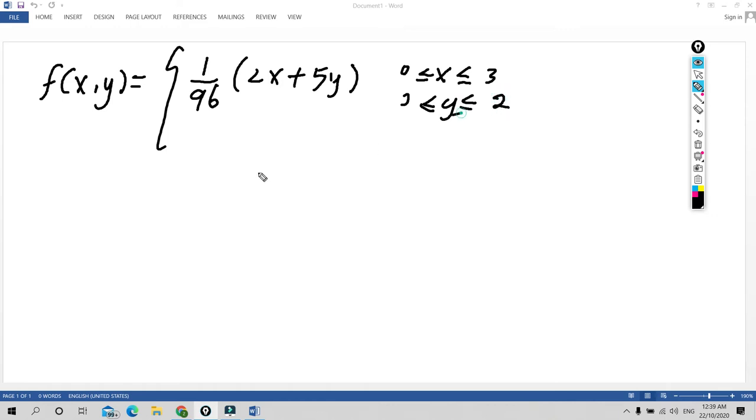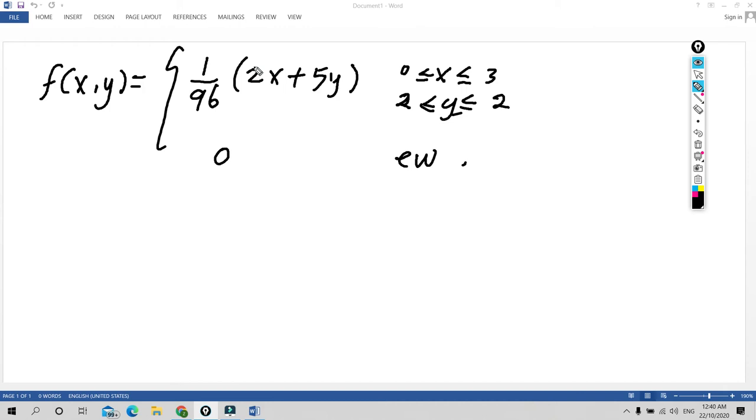Don't forget to put 0 elsewhere. This is our function. So this is how to solve for the value of the constant, given that the joint probability is your function.